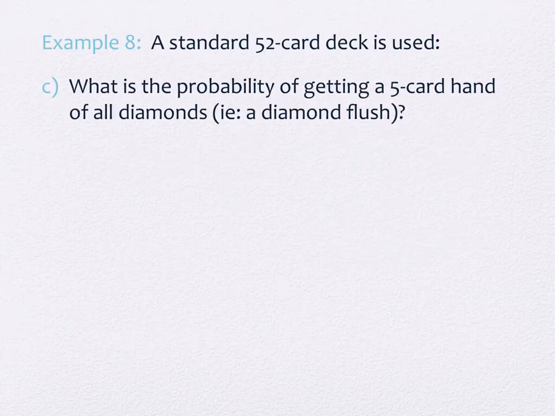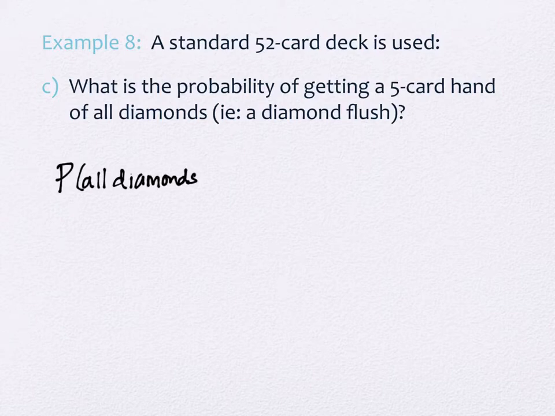So what we're doing on part C is we're actually finding the probability of getting all 5 diamonds. So we're combining what we've been doing in this section with what we did in the previous sections on probability at this point. So what is the probability of getting all diamonds?